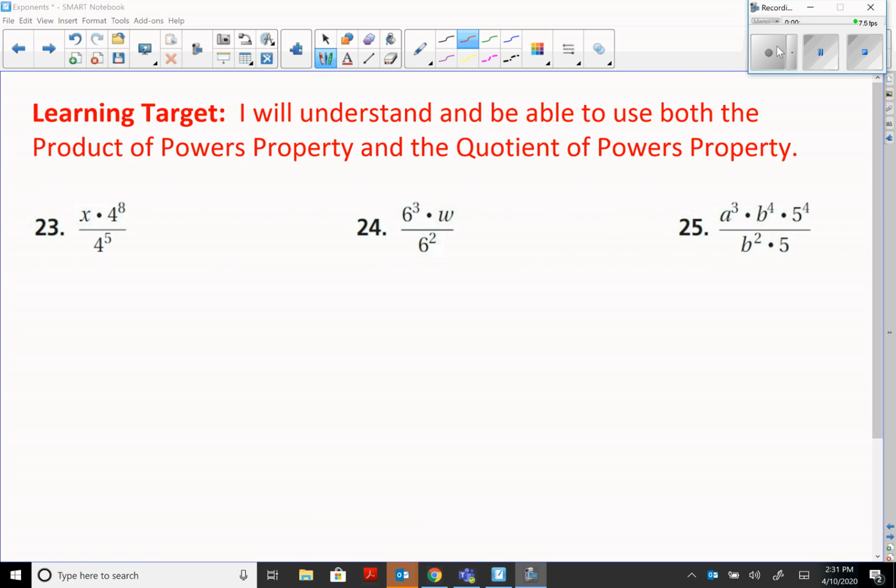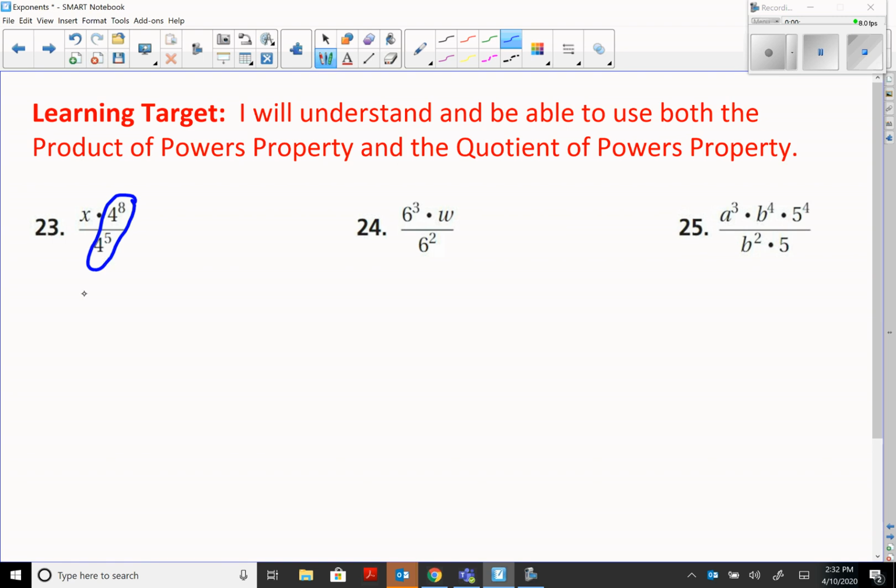All right, so let's look at this first example here. We have two different bases. We have an x and we have the base of 4. So the rules that we've learned only apply if you have the same base. So the property that I'm allowed to use is the quotient of powers property because of that division where we have a 4 in both of them.